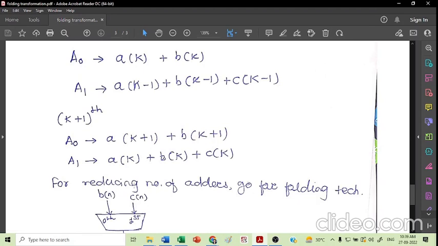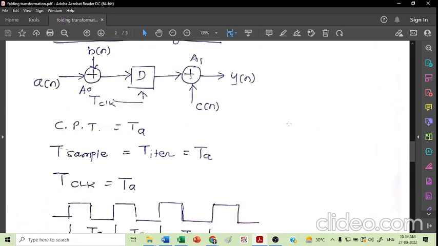Now, for reducing the number of adders, go for the folding technique. If we want to reduce the number of adders, we have to go for the folding technique.